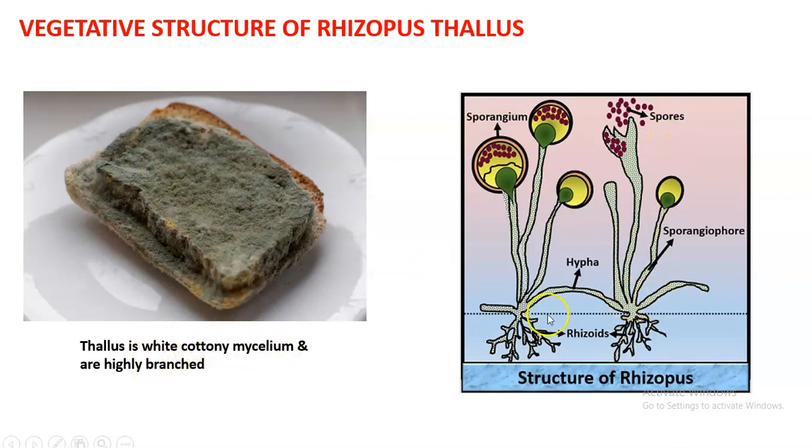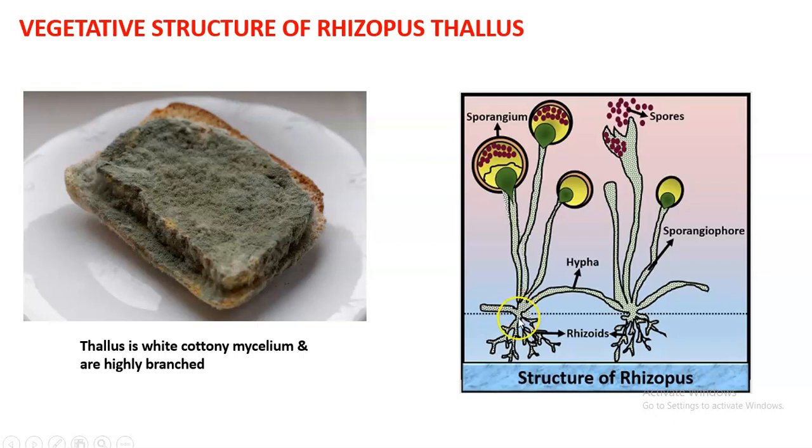So this is the thallus structure. We should understand that when it is germinating, all the thallus will look alike. Everything will look similar. There won't be divisions like sporangium or rhizoids. Everything will be similar, but as it matures, there will be 3 types of thallus differentiation.